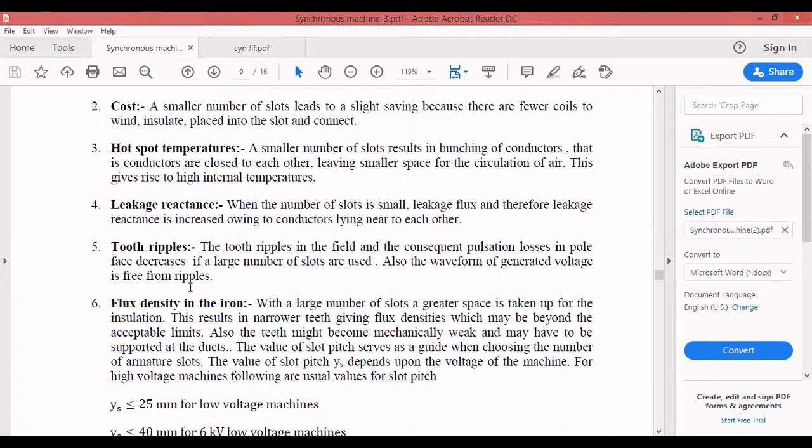If you use a lesser number of slots, there is a possibility of tooth ripples, where the revolving electromagnetic flux will not be a pure sine wave, but will be distorted by the introduction of these tooth ripples. That should be avoided, so a larger number of slots is preferred compared to a fewer number of slots. To avoid the tooth ripples, you have to go for a large number of slots.